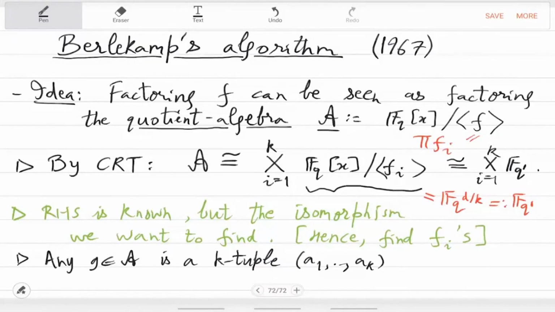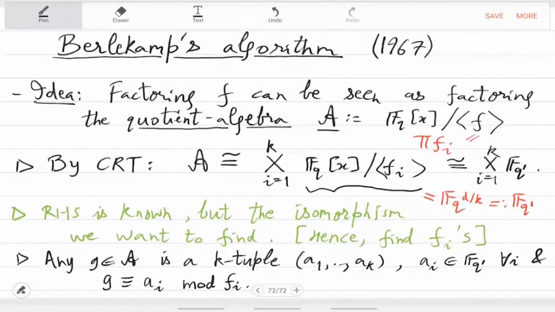Each ai is in this finite field Fq prime, and this element g(x) is the same as ai mod fi.